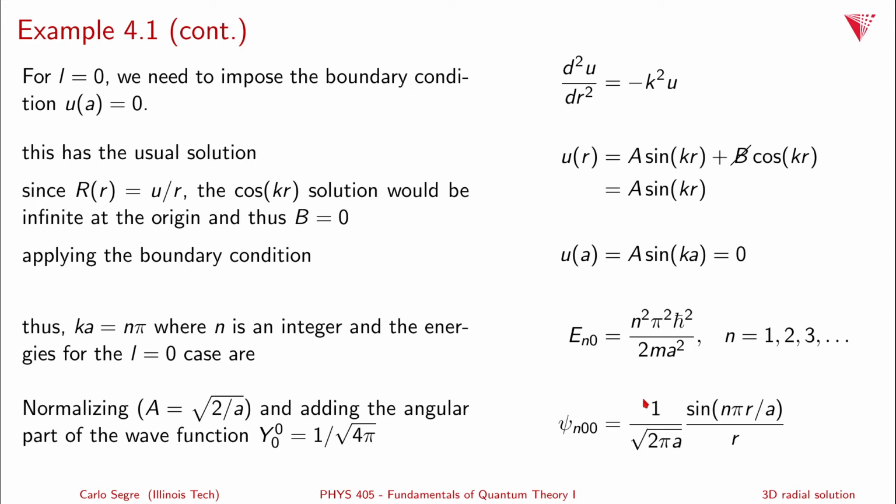And so the complete solution for psi n00 is equal to 1 over the square root of 2 pi a, sine of n pi r over a divided by r, because we now have to take u and divide it by r to get the radial function. So this is the solution for any value of n where l and m are equal to 0.